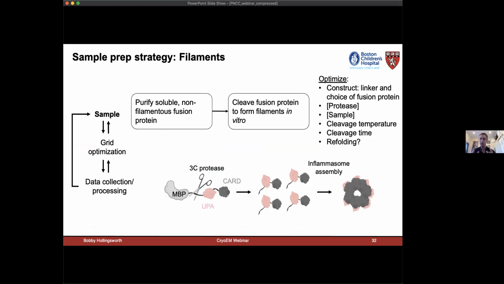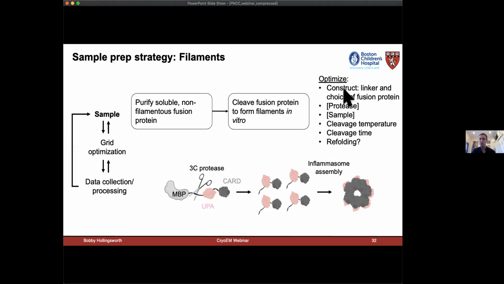And that is to purify first a soluble fusion protein that's monomeric or slightly oligomeric from E. coli to homogeneity, and then cleave the fusion tag in order to initiate filament formation in vitro. And then we can control these cleavage conditions in order to get good protein for cryo-EM grids.